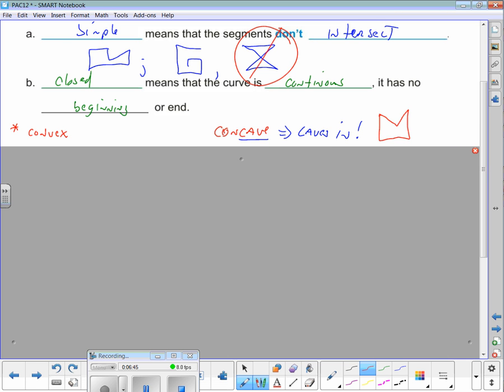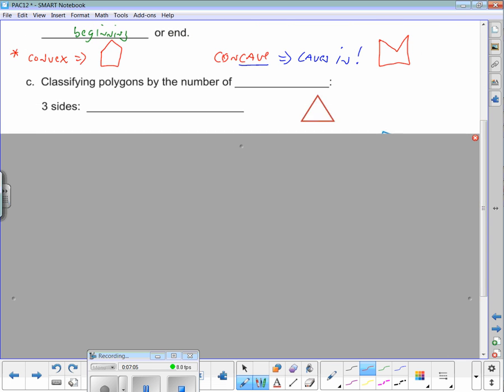It's caved in. Convex would be the opposite of caved in, something that doesn't cave in. If you just remember, concave caves in, then convex does not. All right? Concave, convex. All right, what's next?